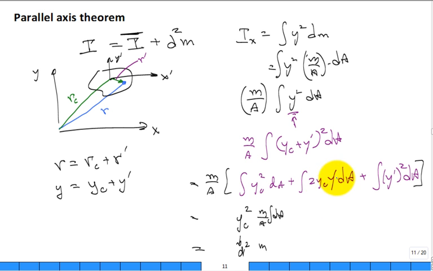What about this term? Well, you pick out the 2 y sub c, the integral y prime dA, and by definition, this is a centroidal axis, it goes to a centroid, and so there's equal area above and below that x prime axis. That's equal to 0. This is the integral y prime squared dA.